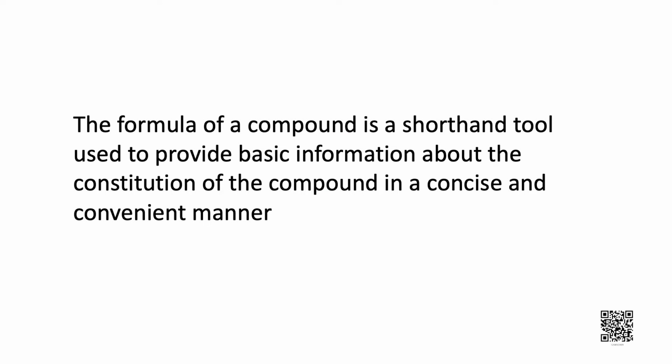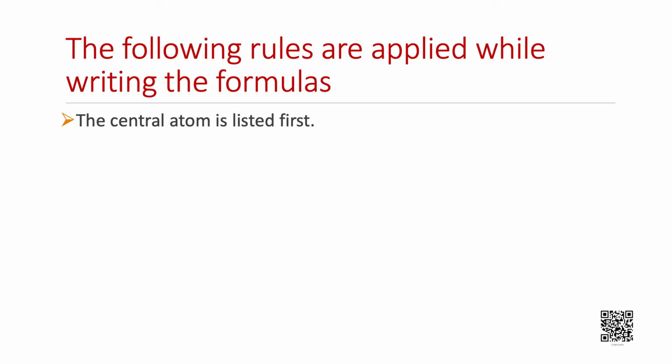The formula of a compound is a shorthand tool used to provide basic information about the constitution of the compound in a concise and convenient manner. The following rules are applied while writing the formulas. Let us take them one by one. The central atom is listed first.